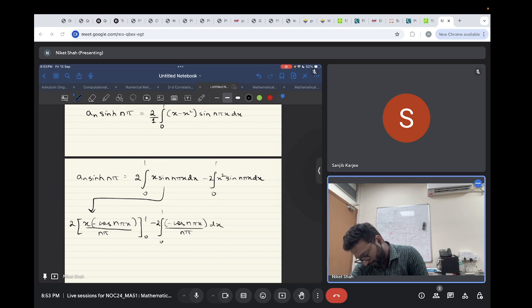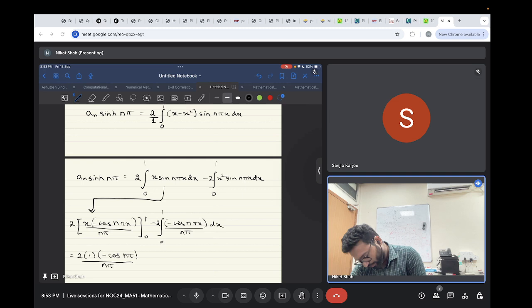So this is equal to 2 times 1 times minus cos(n pi) divided by n pi.